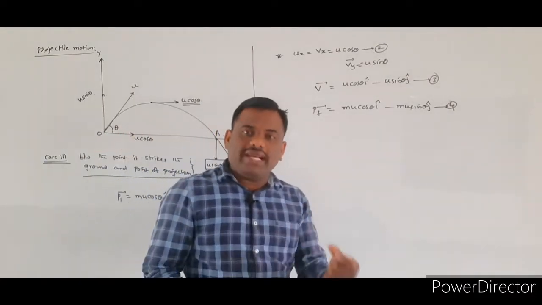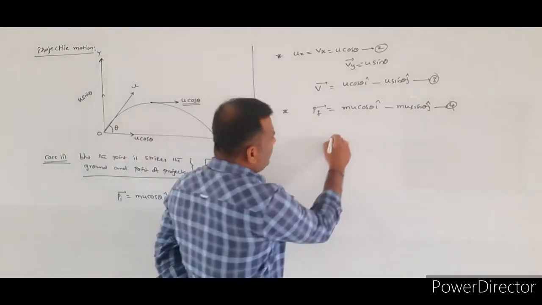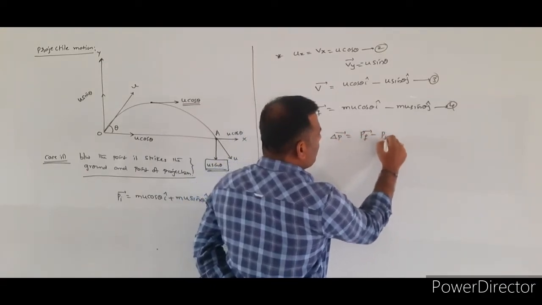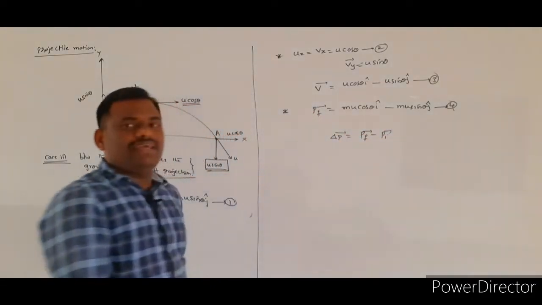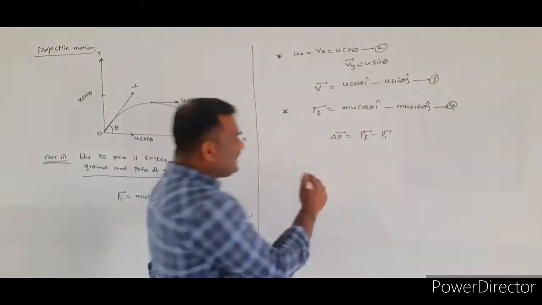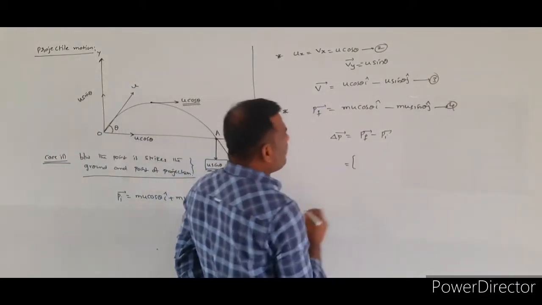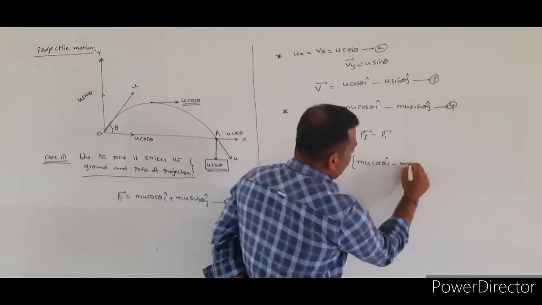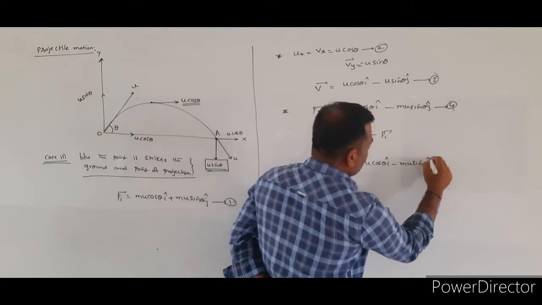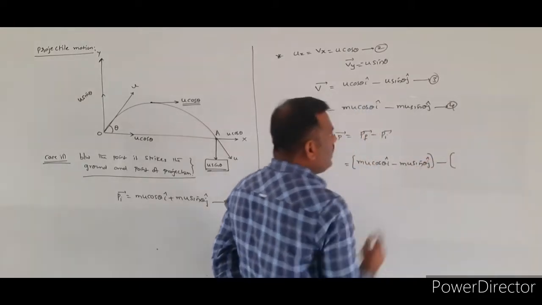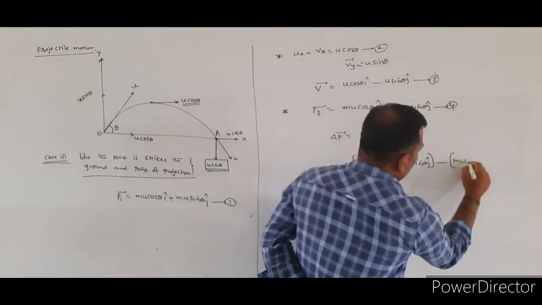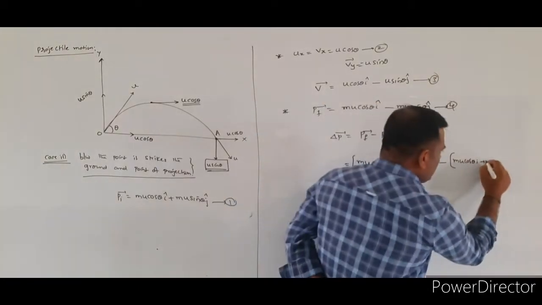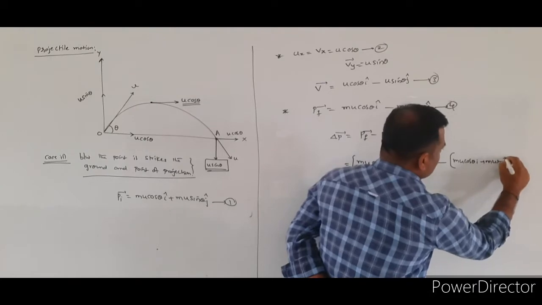So to find the change in momentum, the general formula is delta p bar is equal to pf bar minus pi bar. What is the pf bar? So pf bar value is equal to mu cos theta i cap minus mu sin theta j cap, minus of pi value, mu cos theta i cap plus mu sin theta j cap.